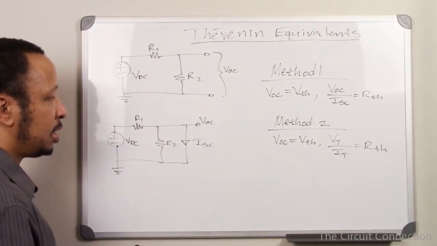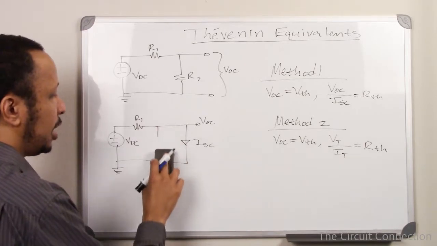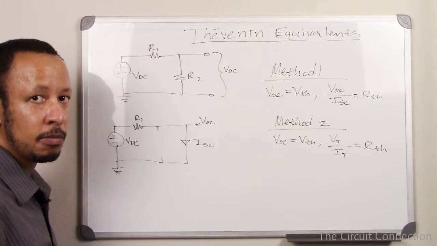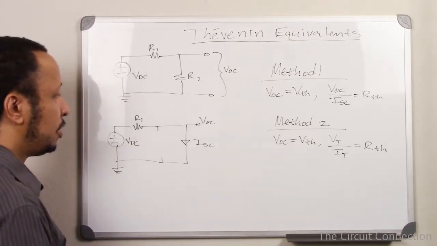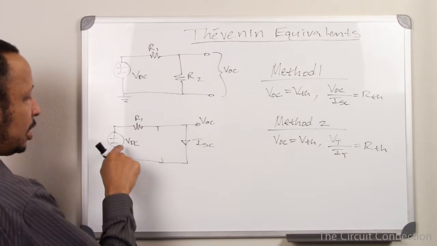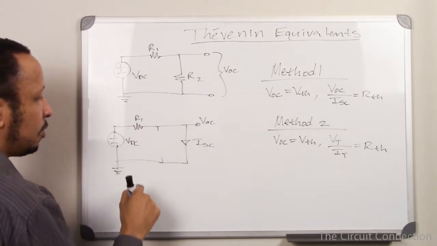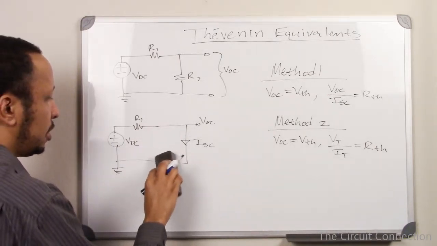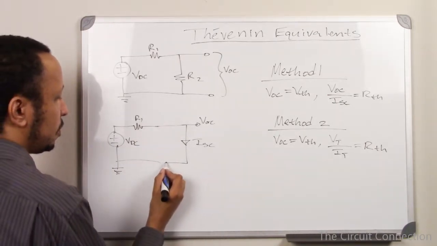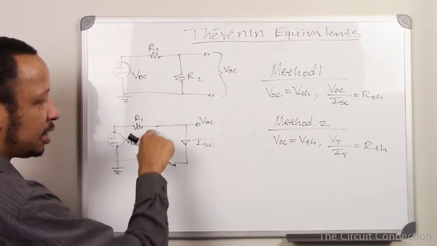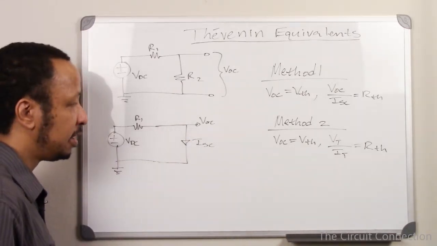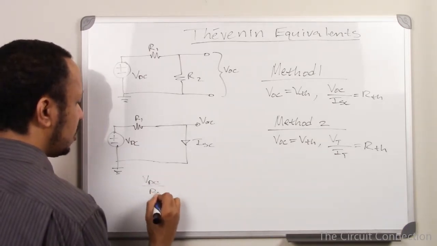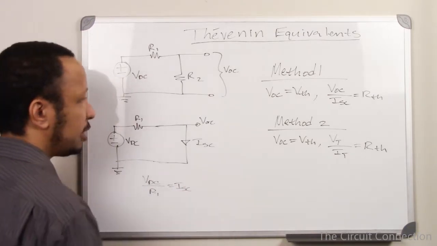You don't have any voltage drop across a wire that has no resistance. Therefore, all we have left in our circuit is VDC and R1 in series with each other, where you only have ISC. So VDC over R1 equals ISC.